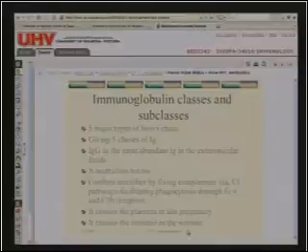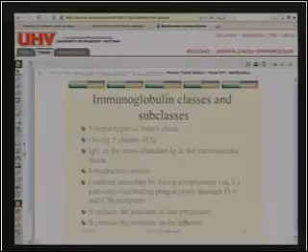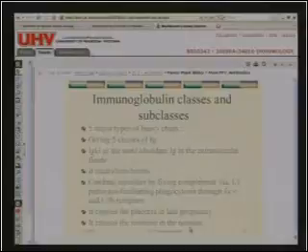In that way the baby gets more of the immunity. That's one of the reasons for IgG going over there.